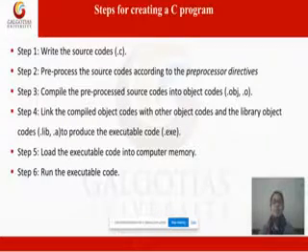Similarly, a C program has the extension .c. That is how the compiler knows that this is a C program. If you talk about some other languages like C++, there the extension is .cpp.